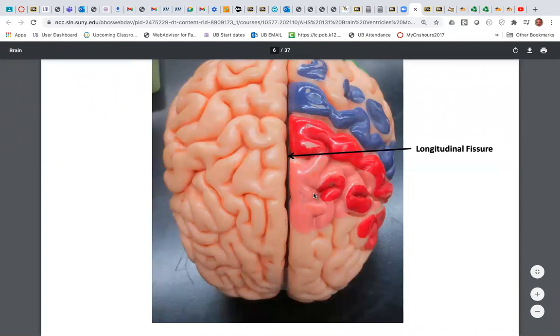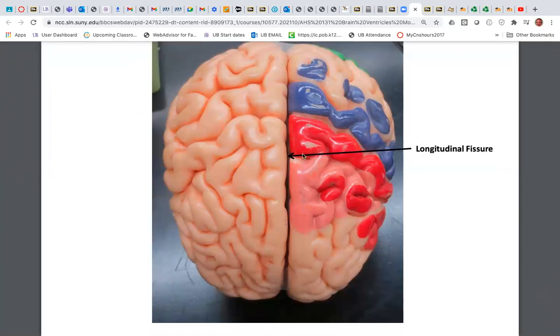And we know from lecture that there are different functions of the left hemisphere compared to the right hemisphere. The left hemisphere is more linear, more language-based, it's your speech center, it's science, it's math, it's linear thinking. Whereas the right side is more artistic, creative, art, music, facial recognition, understanding the tone in which someone may speak.